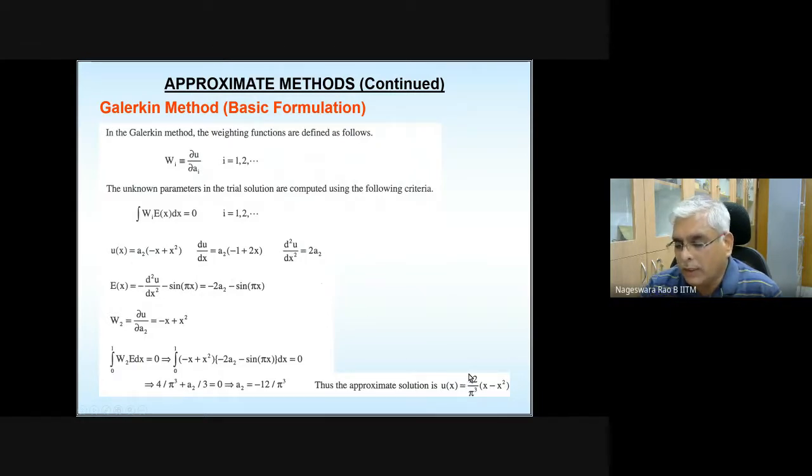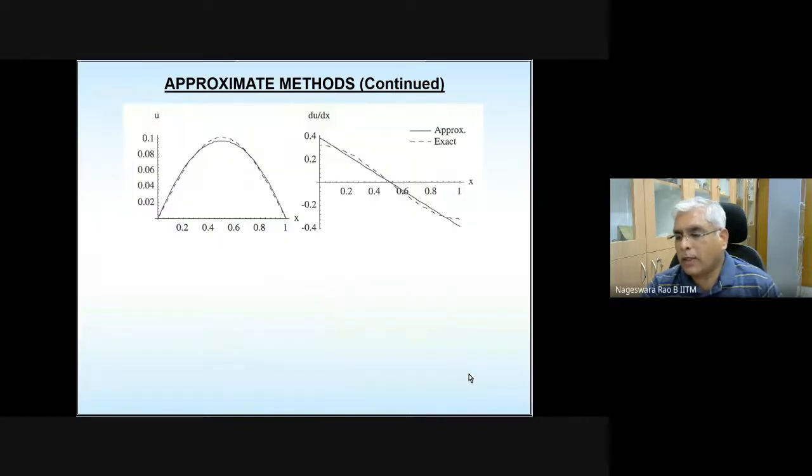So now next step, what we are doing is we are always comparing by plotting it. Let's plot it. You will get surprised. So this is how exact and approximate are matching with each other. Okay.